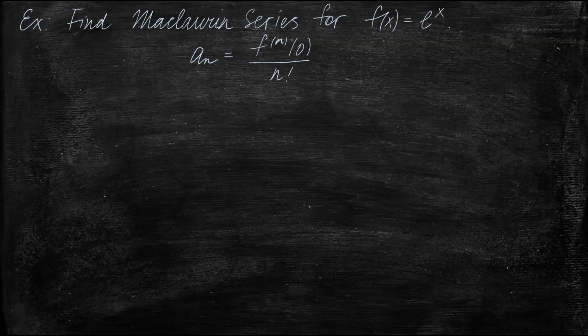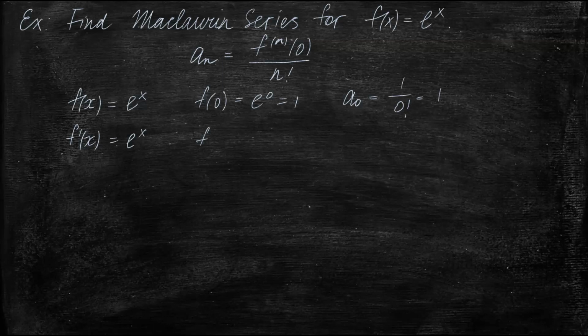So the first thing we're going to do is start with n equals 0. When n equals 0, we're looking at the function itself, and we evaluate it at 0, and we find the 0th coefficient by taking that and dividing by 0 factorial. 0 factorial is 1, so the whole thing is equal to 1. Similarly, we find the first derivative for the natural exponential function.